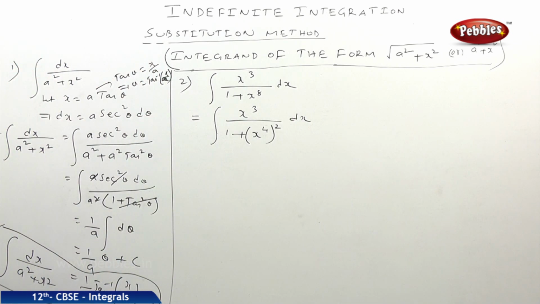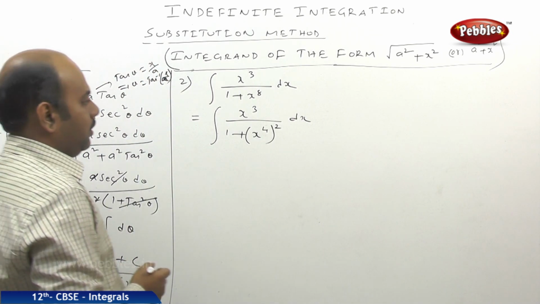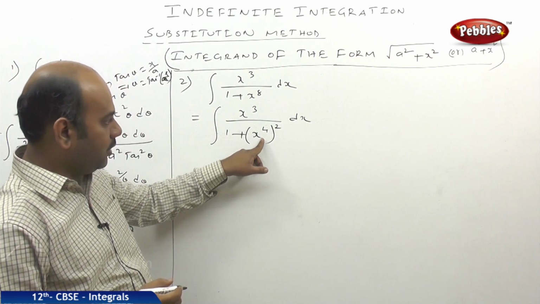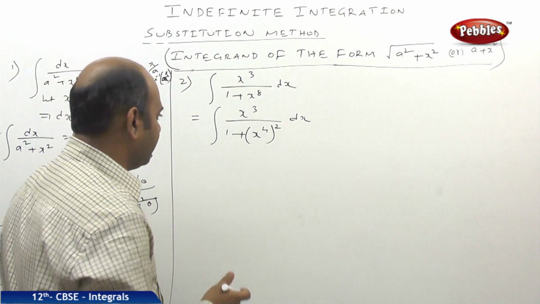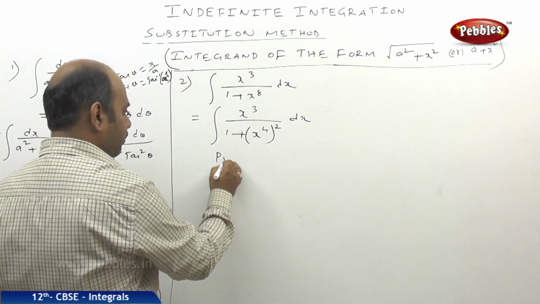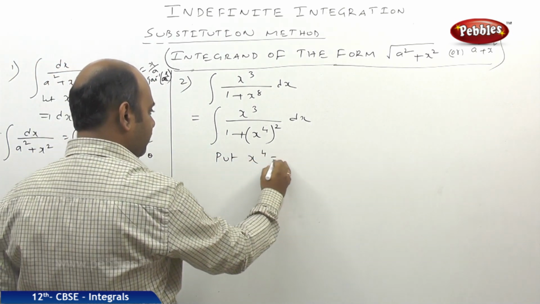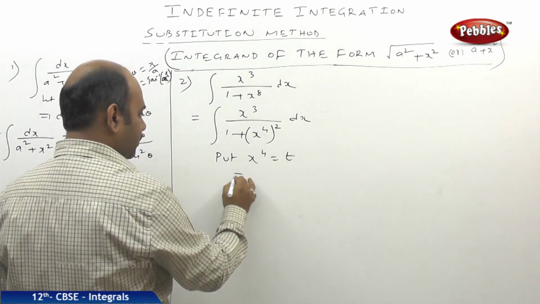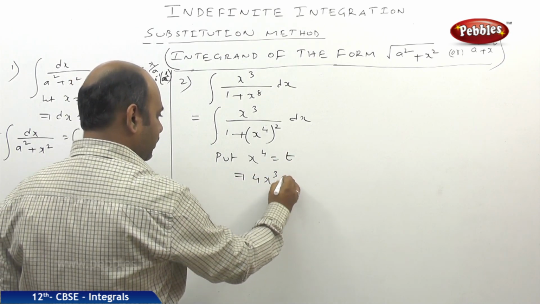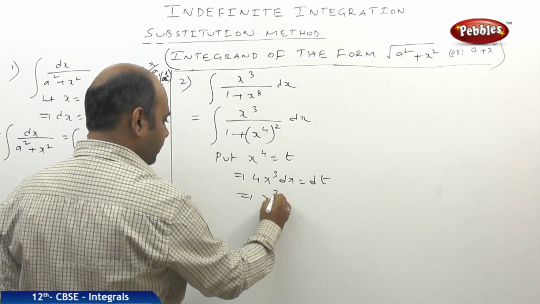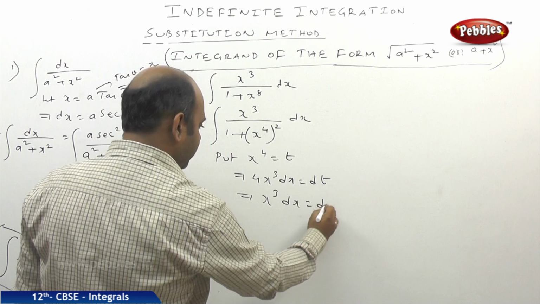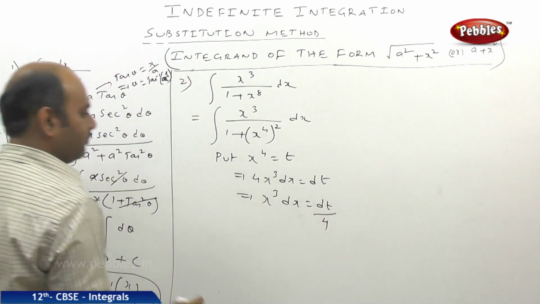Now if I put x power 4 is equal to t, what happens, 4x cube dx is equal to dt. We shall try by that pattern also. So finally x cube dx is equal to dt by 4.